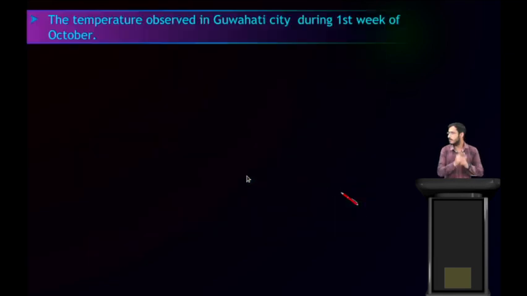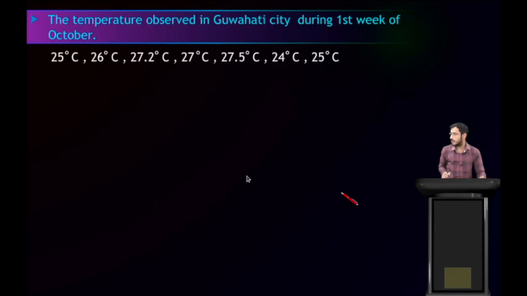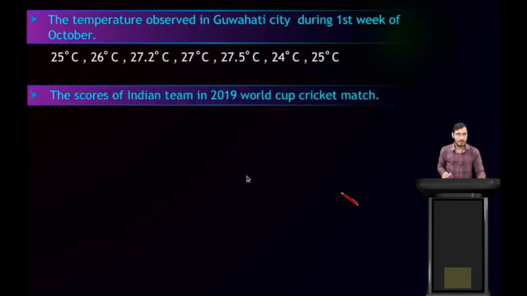Okay, now here we have some more examples. The temperature observed in Guwahati city during first week of October. So here you can see that's temperature. Now the second example, the scores of Indian teams in 2019 World Cup cricket matches.